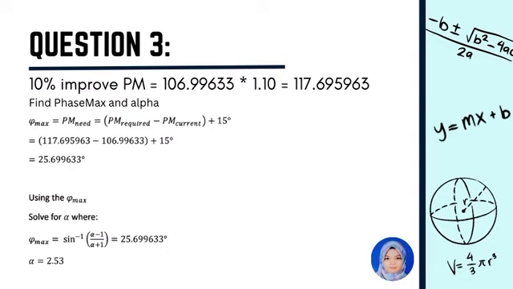For the phase max, the formula is phase margin required minus phase margin current, adding 15 degrees for the lead safety margin. And we get 25.699633 degrees. After we get the phase max, we need to find the alpha, and we get alpha is 2.53.